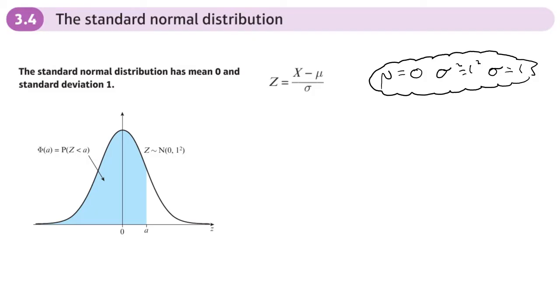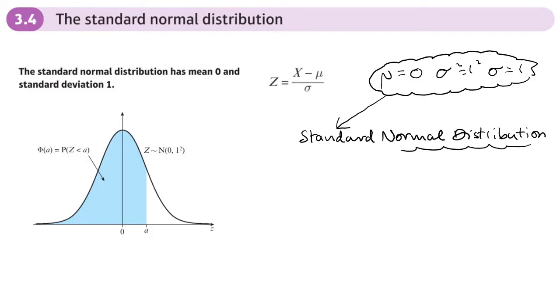And when you have a mean of 0 and a variance of 1 squared, we call this the standard normal distribution. Now, we don't really need to use tables anymore, but it's really useful to be able to know what this is all about and how to use it.